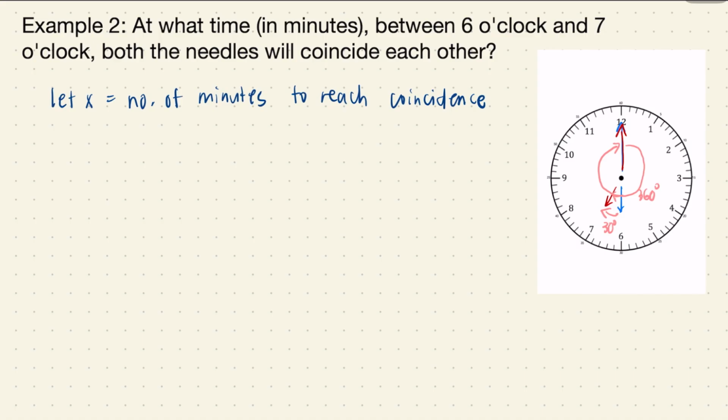Okay, or the time that they will be at the same position, the minute and the hour hand. Okay, so basically for the hour hand, starting from 6, this is a reference point. You select a reference point. So from the reference point, it will take x number of minutes.